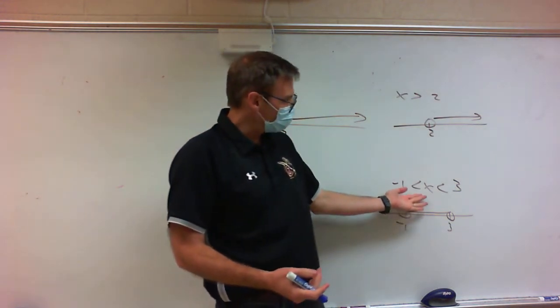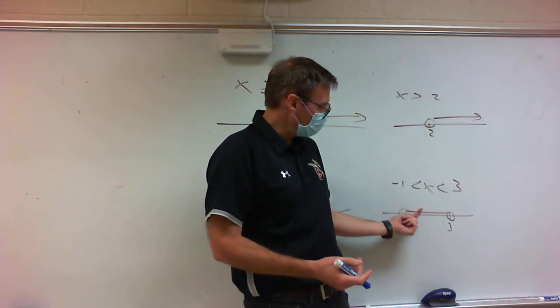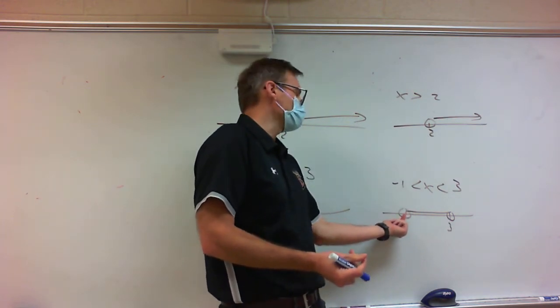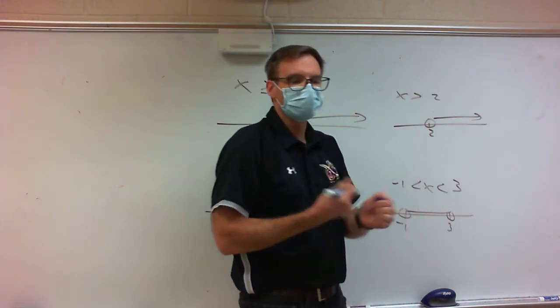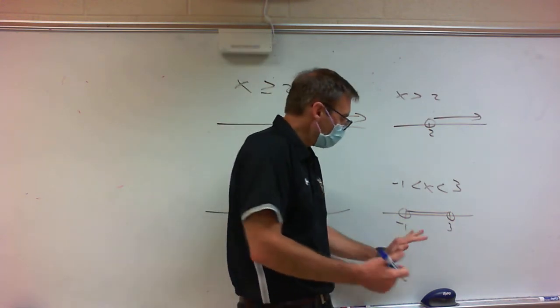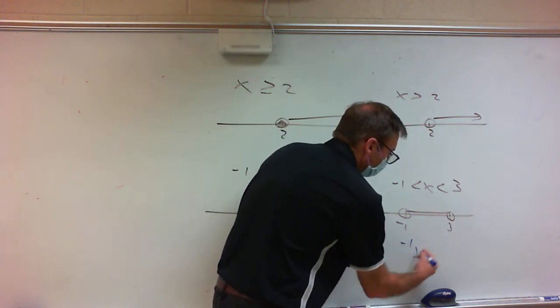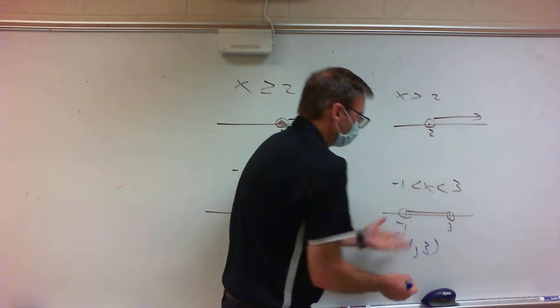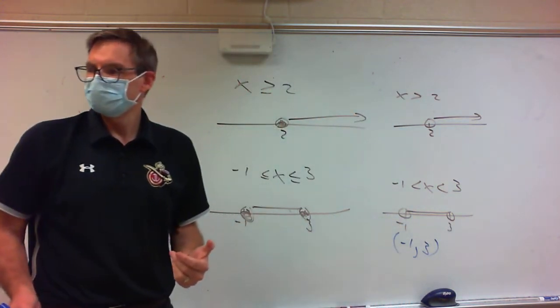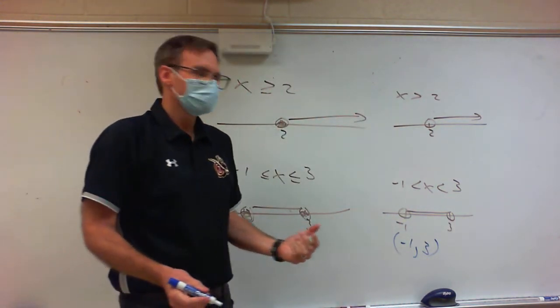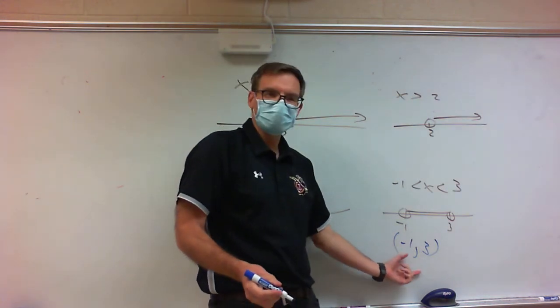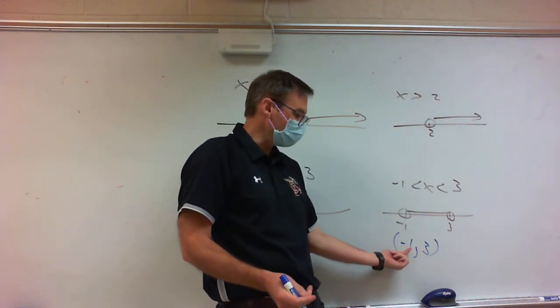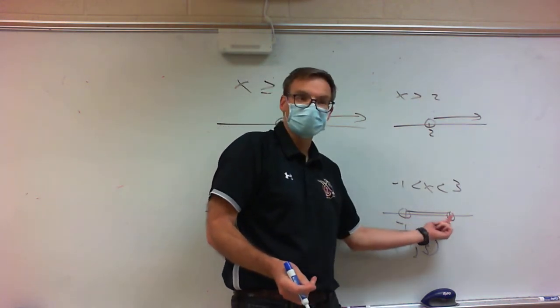So for this particular one, if I want to describe the shading between -1 and 3 with interval notation, I'm going to start shading at -1, I stop at 3, and I use parentheses. Because if you think about this, interval notation says shade from -1 to 3, and I shaded from -1 to 3.